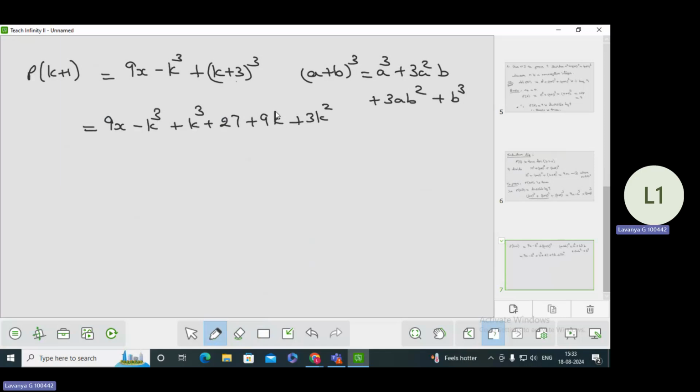Is it 3k squared or is it going to be 9k squared? It's going to be 3 into 3k squared, so this would be 9k squared. So now let us check what happens. Again here it is going to be 27k. So if I'm going to write it properly, it's going to be k cube, 3 into a squared b. So this is 9k squared.